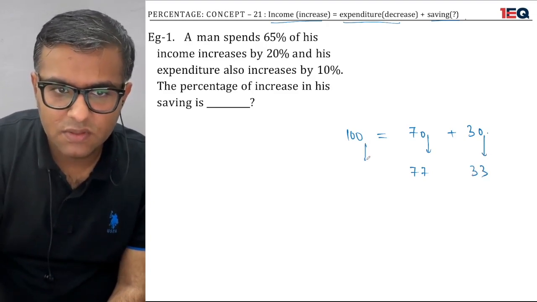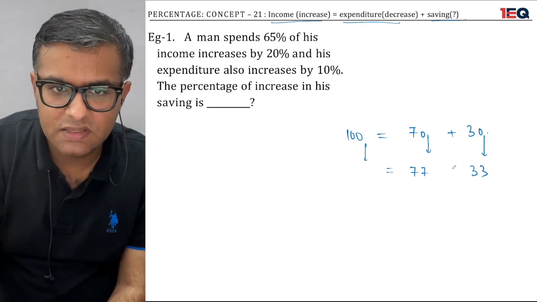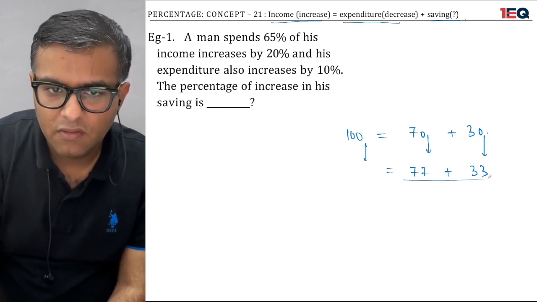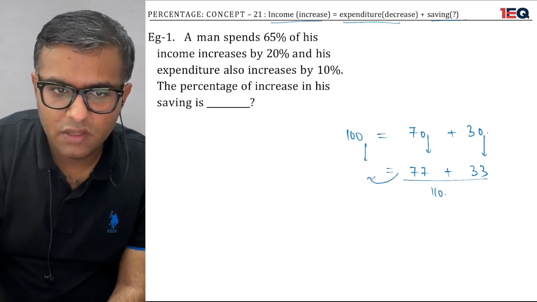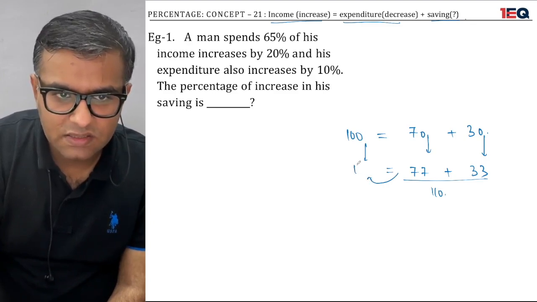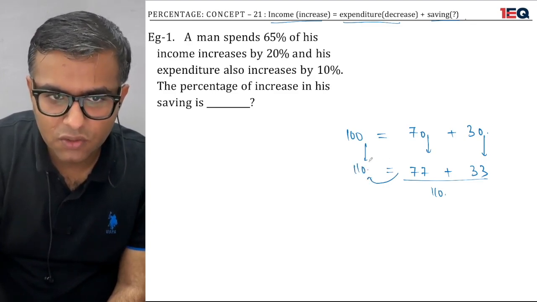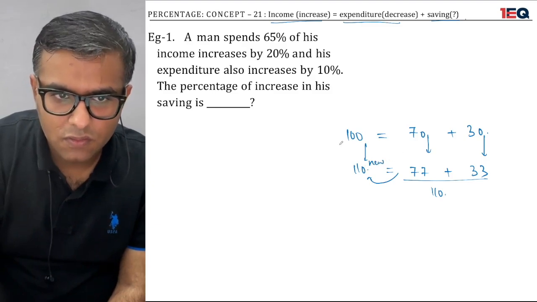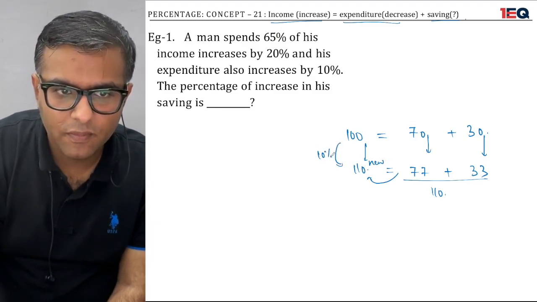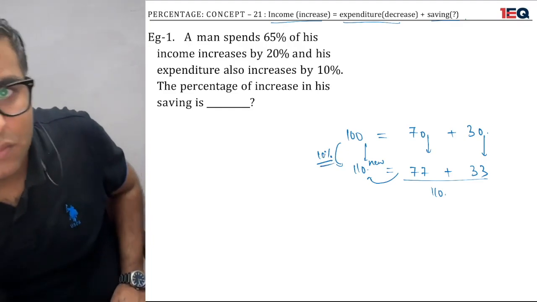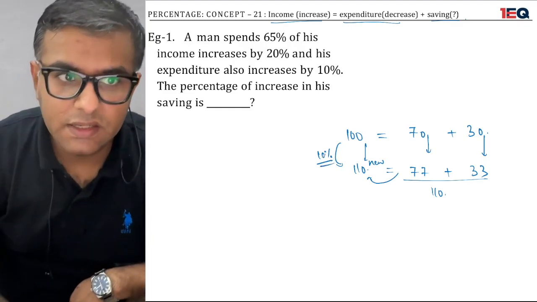Then the question is how much does the income increase by? When I add these two, I get a value of 110. It says that 110 is the new salary. So what is the increase? The increase is 10%. There is nothing more that needs to be done.